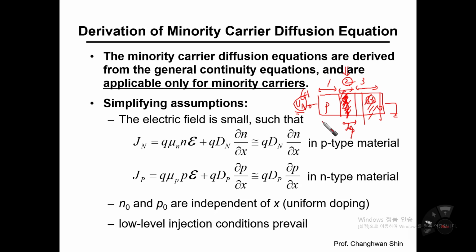In other words, the voltage drop across area number 1 and area 3 is negligible.